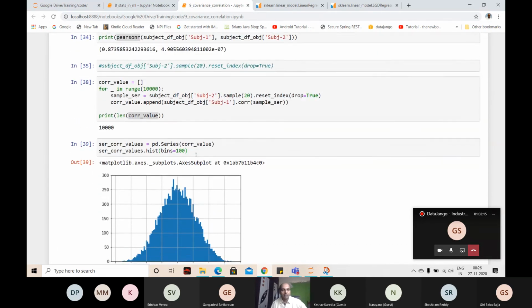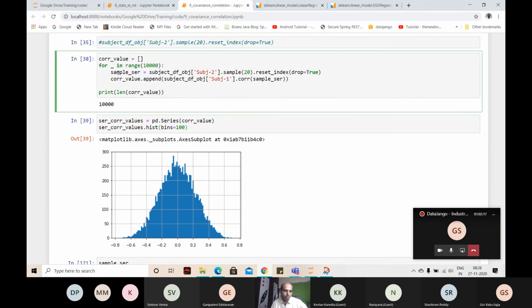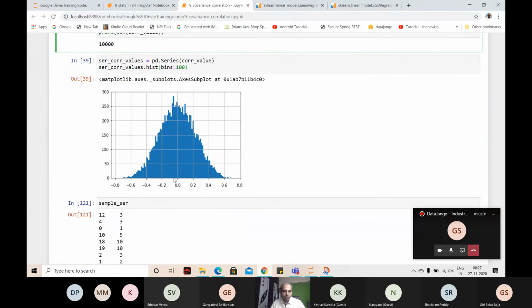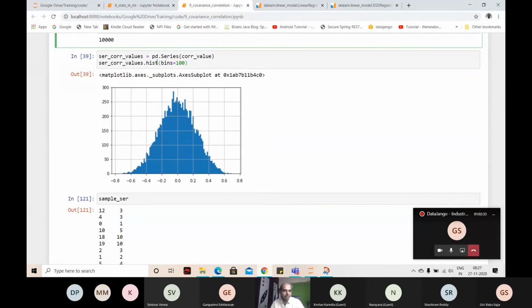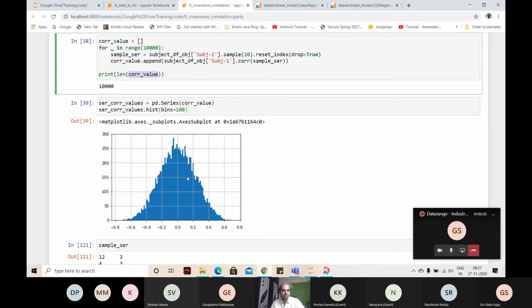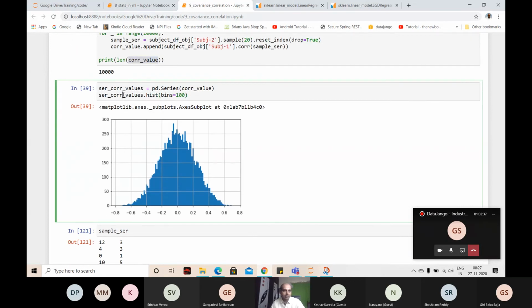I said that when you do this null hypothesis true situation many times, you will get a normal distribution. Did you get it? Yes, sir. When you look at this, we can calculate the mean and standard deviation of these. So let me calculate mean and standard deviation.